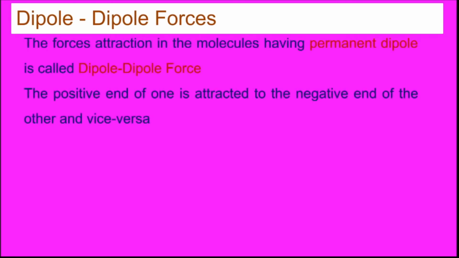Next we have dipole forces. The forces of attraction in molecules having permanent dipole moment are called dipole forces. The positive end of one is attracted to the negative end of the other and vice versa.